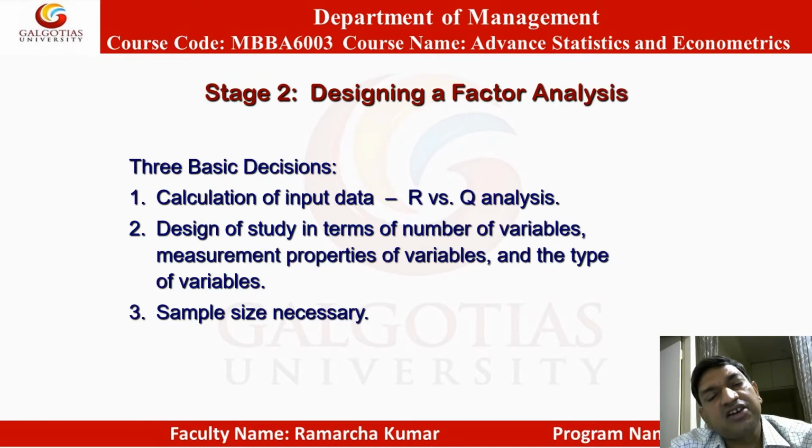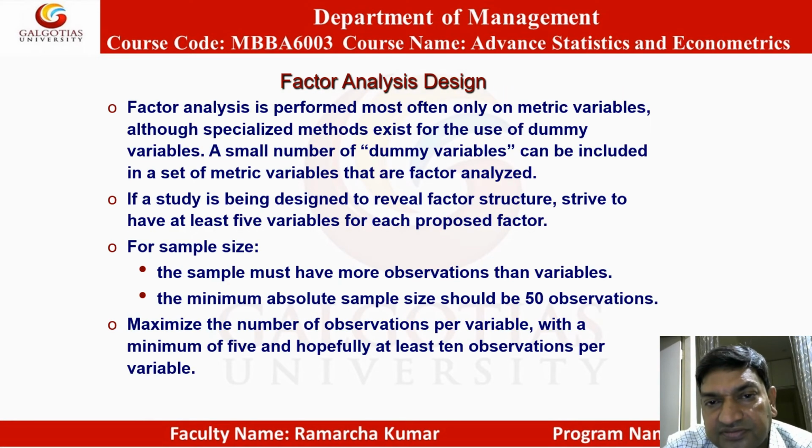Designing a factor analysis is stage 2. Three basic decisions: calculation of input data, R versus Q analysis, design of the study in terms of number of variables, measurement property of variables and the type of variables, and sample size necessary. Factor analysis is performed most often only on metric variables. Although specialized methods exist for the use of dummy variables, a small number of dummy variables can be included in a set of metric variables that are factor analyzed.